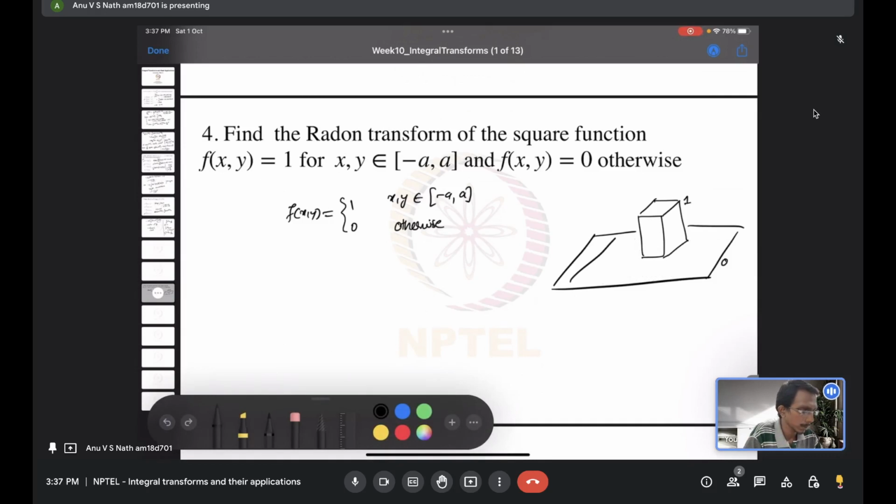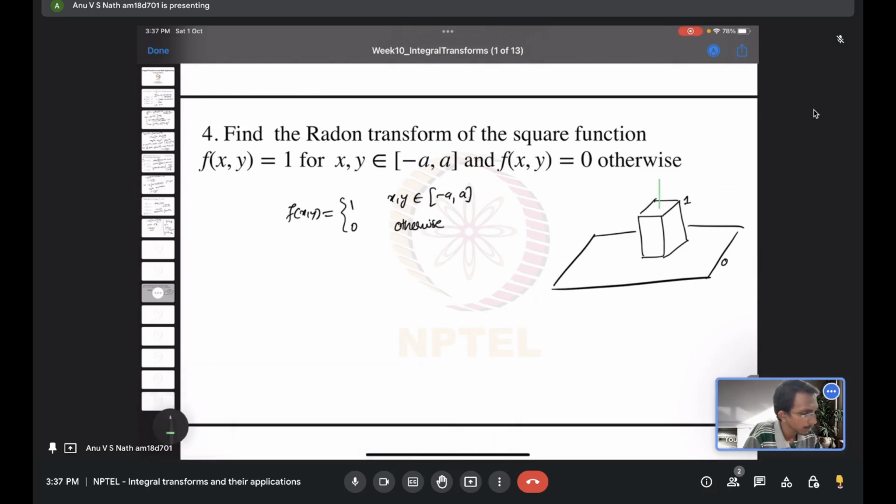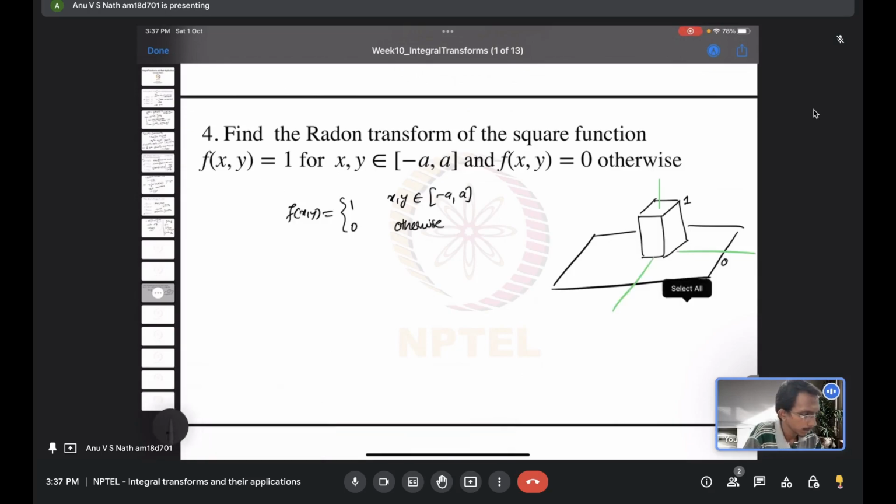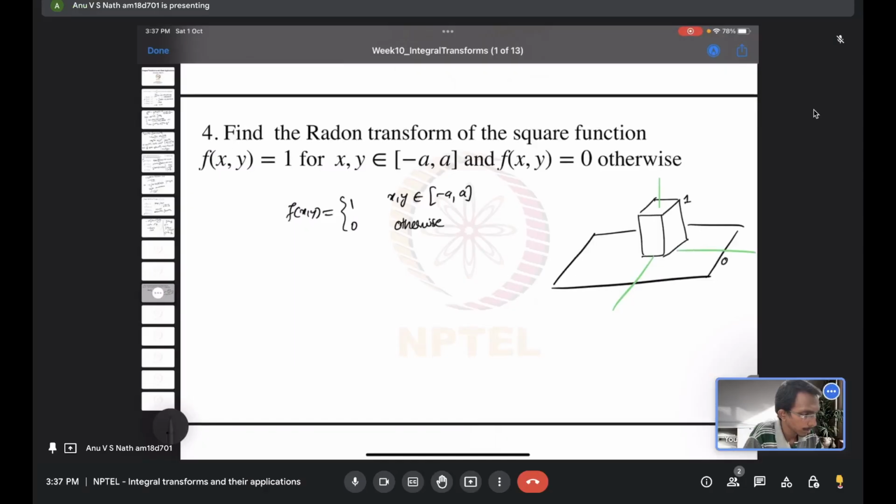There will be axes. Let me draw the axes. Now the values here will be a, and this will be minus a.